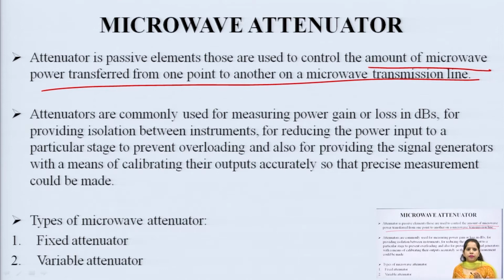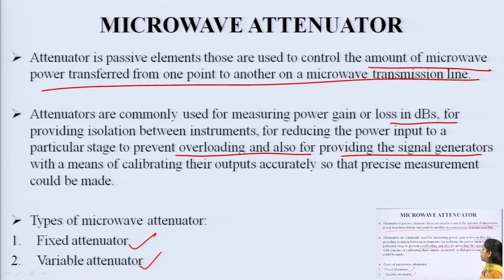Microwave attenuators are basically divided into two types, that is fixed attenuator and variable attenuator. About this we will discuss. First of all, some more lines about the attenuators. Attenuators are commonly used for measuring power gain or loss in dBs, for providing isolation between instruments, for reducing the power input to a particular stage to prevent overloading, and also for providing the signal generator with a means of calibrating their output accurately so that precise measurement could be made.